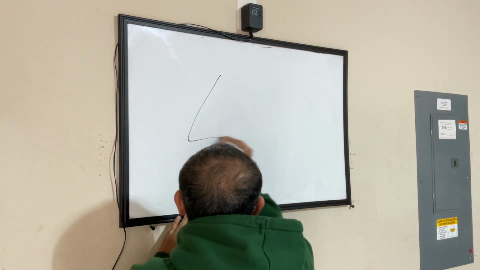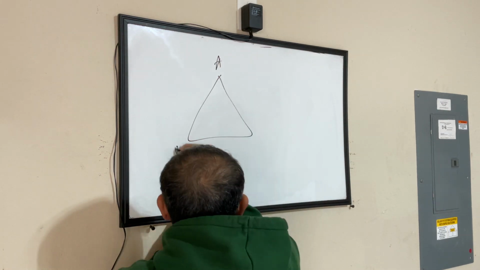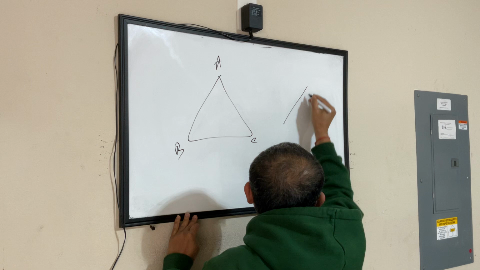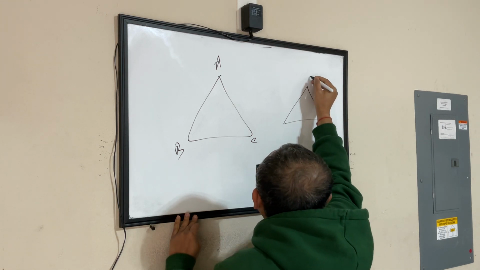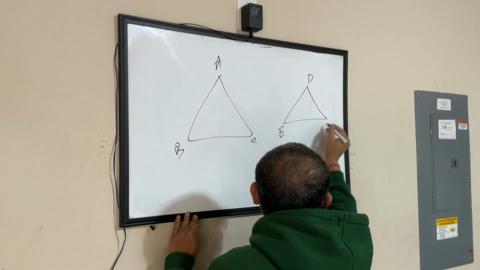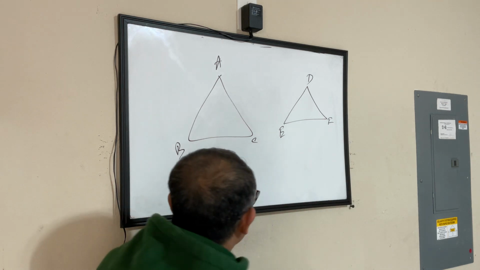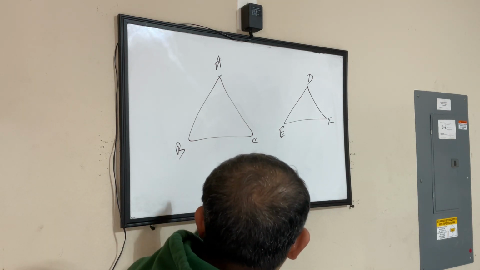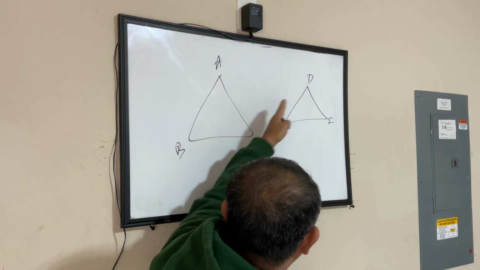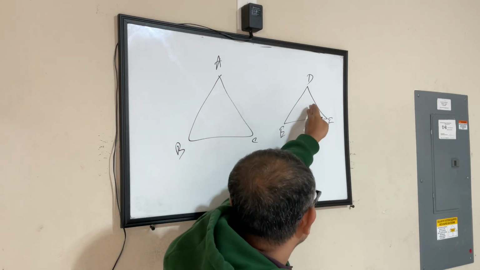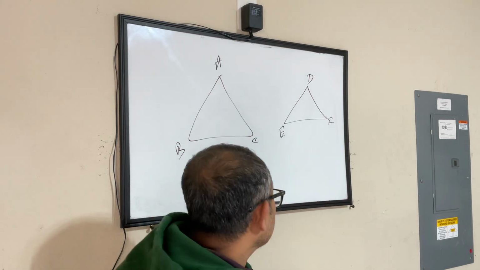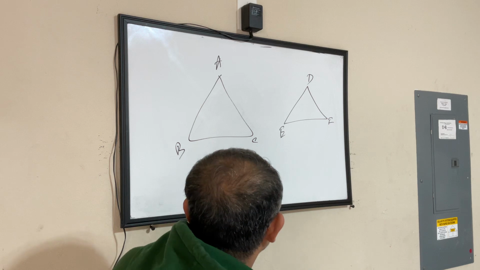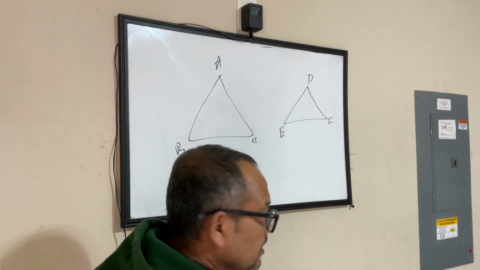So let's say this is one triangle ABC, and this is smaller triangle DEF, which you got by zooming out to get a smaller version. If you zoomed in, you got a bigger version. That's the thing. So your angles are the same when you are zooming in, zooming out.